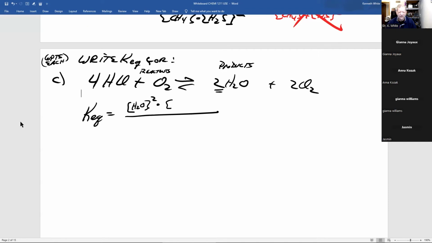And notice the second one is chlorine. You put it in a bracket, the coefficient is 2, divided by the concentration of the reactants. Notice the coefficient for HCl is 4, times oxygen. When there's no coefficient, that's 1. And that's how you do it.